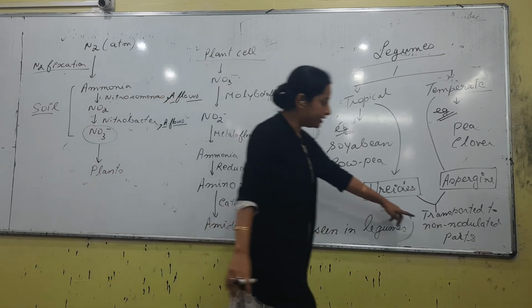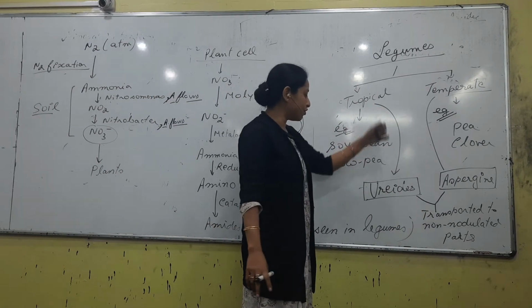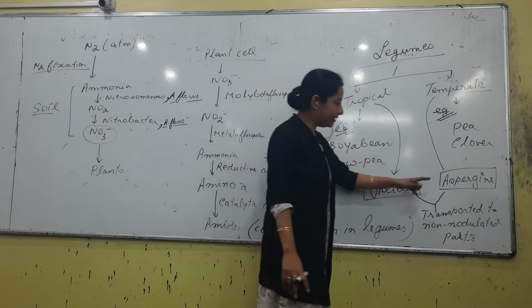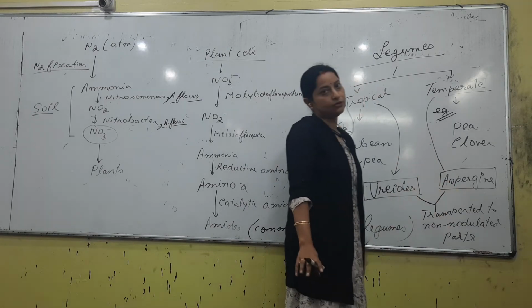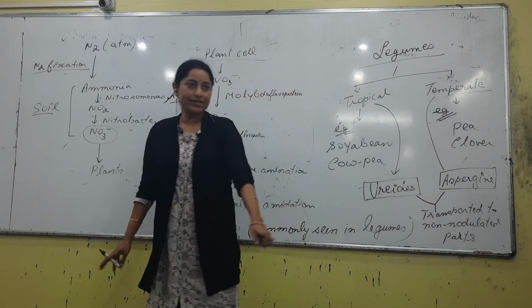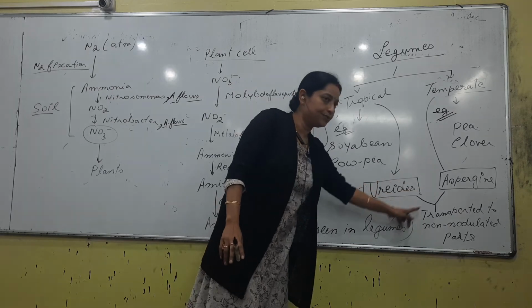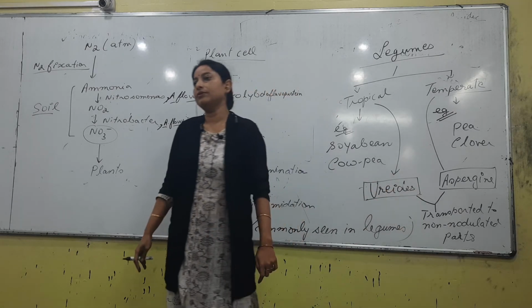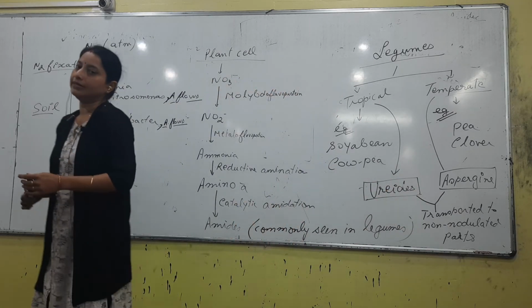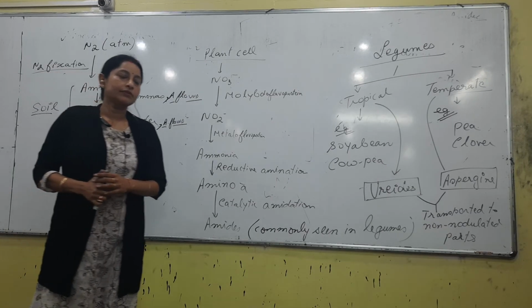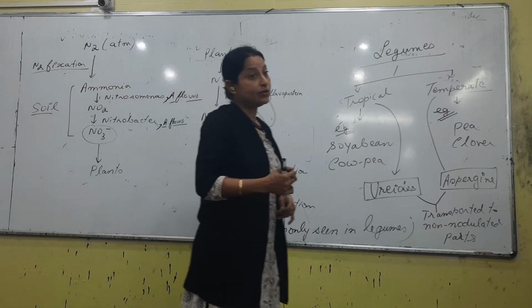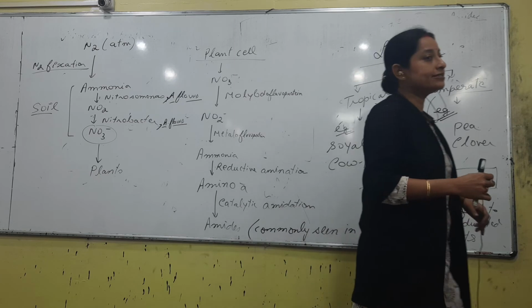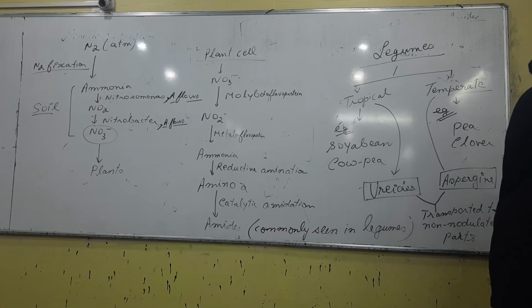So to the non-nodulated parts, in case of tropical, this is the amide that goes. In case of temperate, this is the amide that goes. Right? So the question comes from this: asparagine and ureides, temperate and tropical. Different types of amino acids will be formed there, the process would be different. Right? But since we commonly study this, we are talking about it in detail.